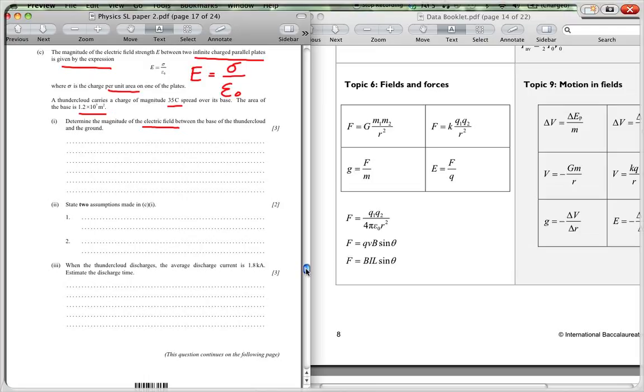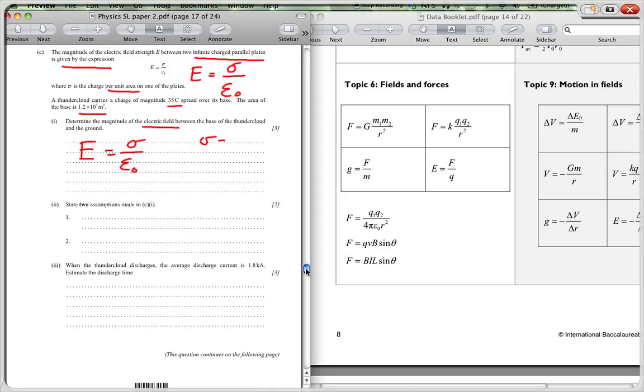Determine the magnitude of the electric field between the base of the thundercloud and the ground. Okay, so we're going to use this formula over here. They've defined it for us as equal to sigma over epsilon naught. And for this, we are going to be firstly working out our sigma, because it says that sigma is the charge per unit area.